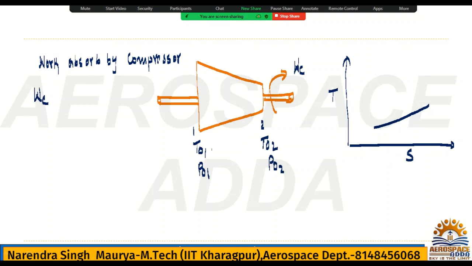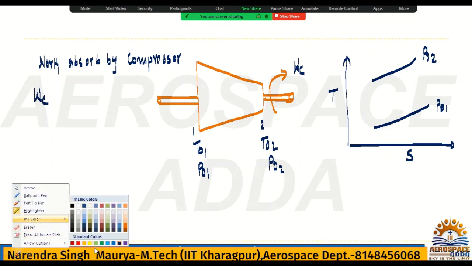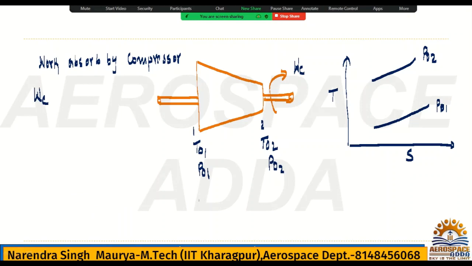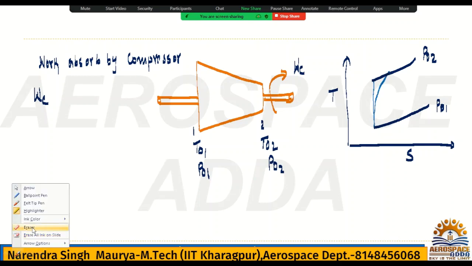This is the pressure line P01 total. Another pressure line will be P02. With respect to temperature, I can say this is the isentropic and this is the actual.